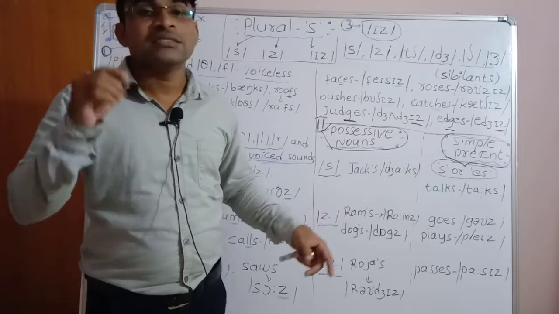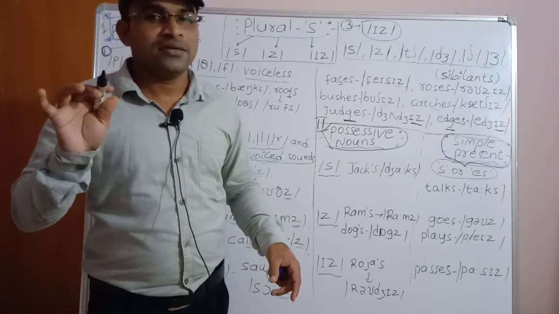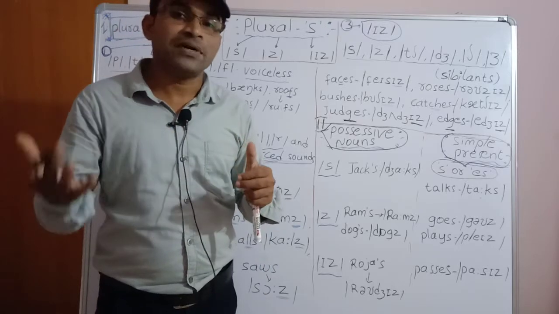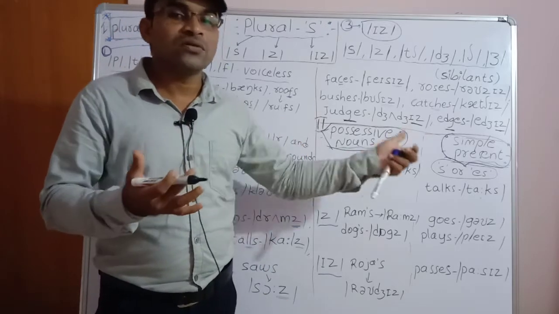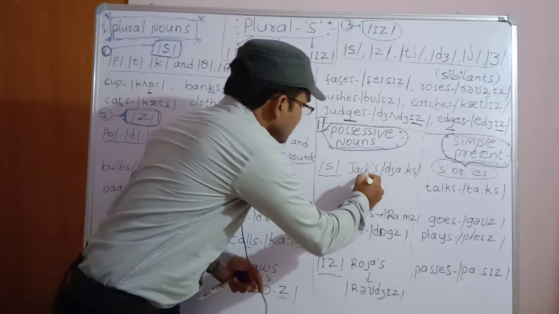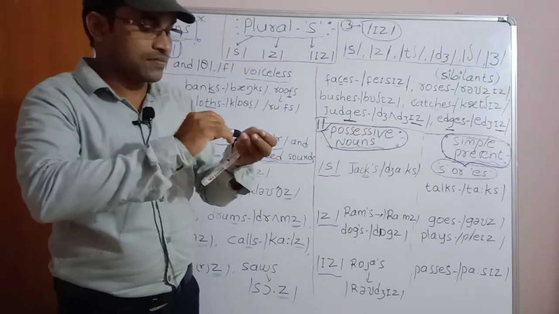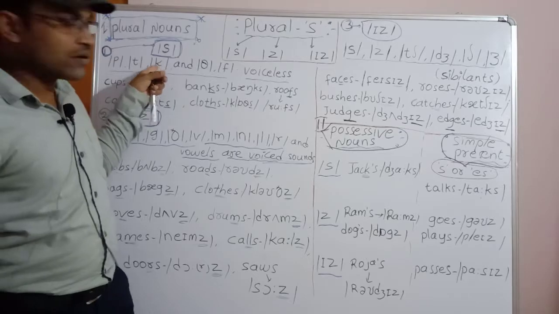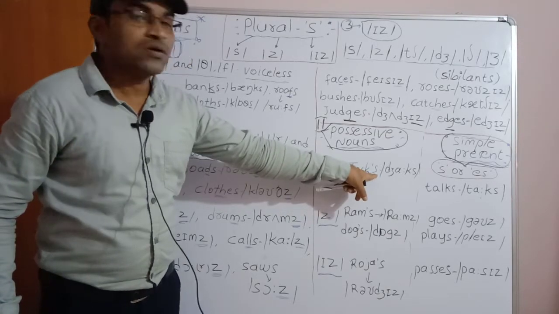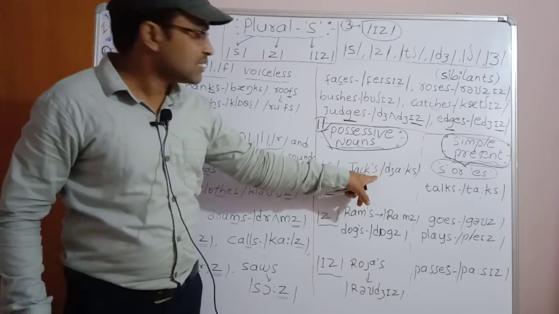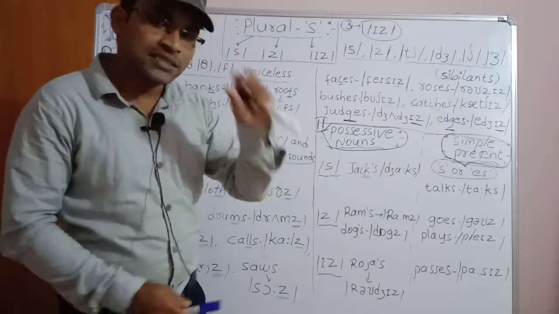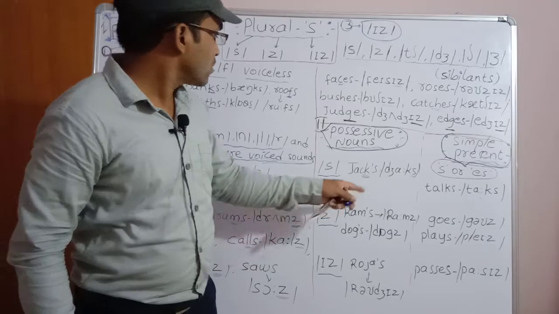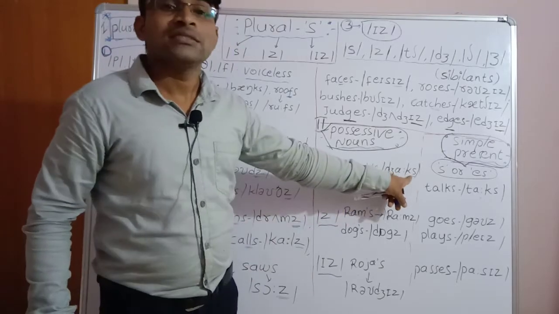It is Jack's pen. It means the pen belongs to Jack. Here the sound is ka. So the suffix s is pronounced as sa. Jack, Jack's.